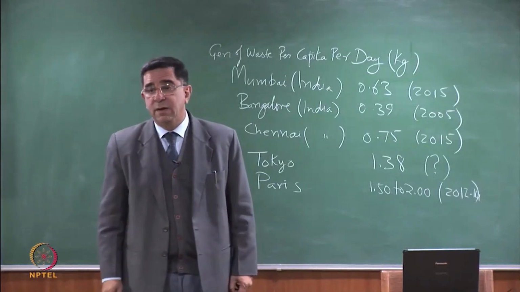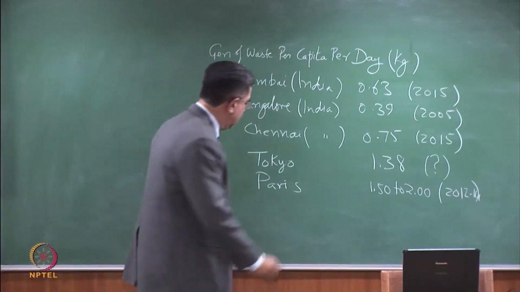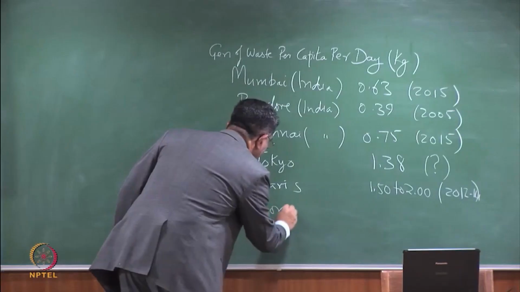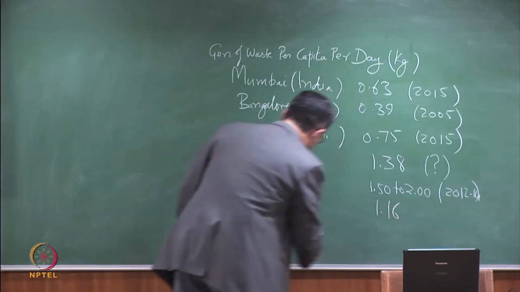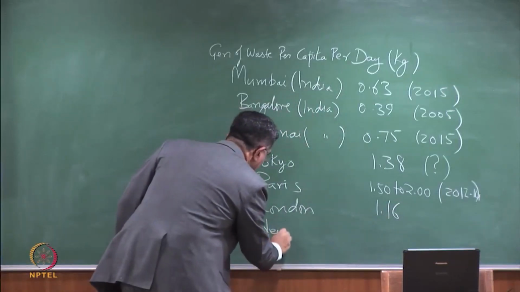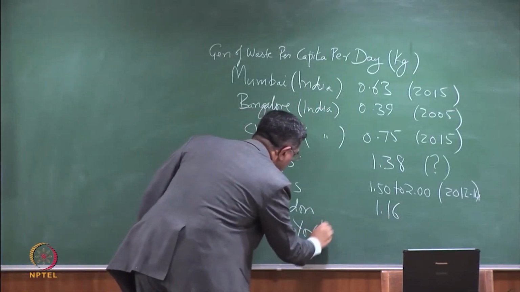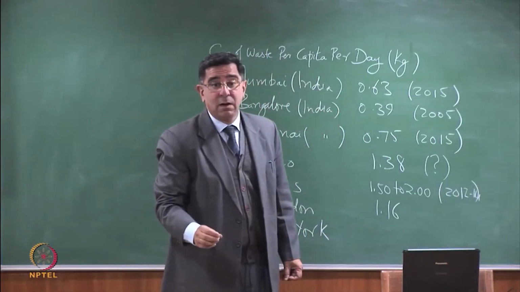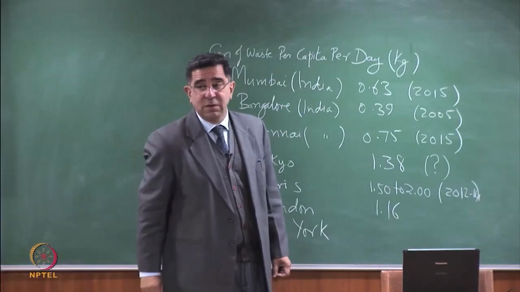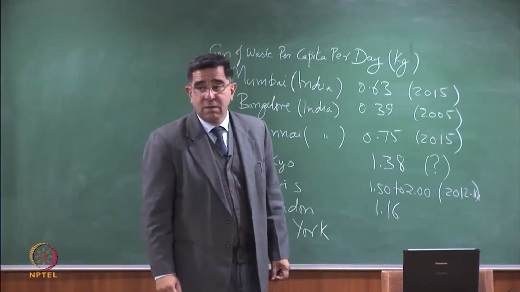1.16. Where? London. Give me US. Okay. New York. 2.75. Anybody would confirm 2.75? So 4.5, sir, 2014.